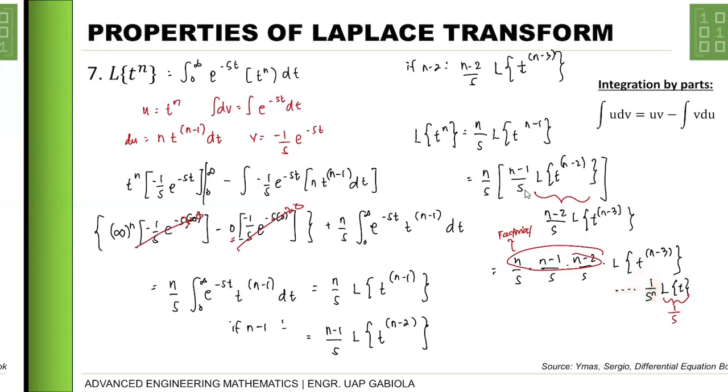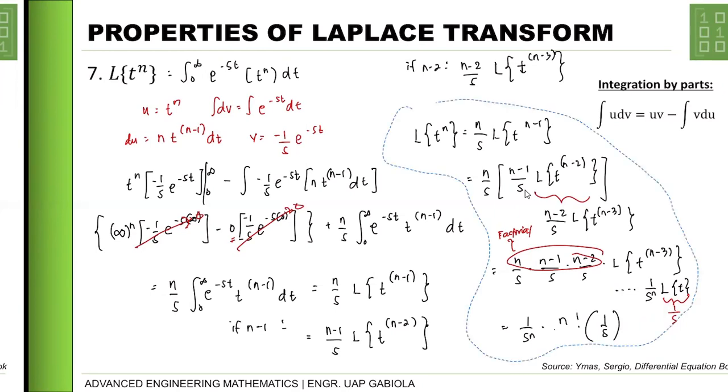Ibig sabihin kung ilang beses tayo nag-minus. Okay? So, this will be equals to yung n over s natin na nasa labas multiplied yung 1 over s natin times yung n factorial natin over times yung 1 over s natin na ito. Okay? So, ibig sabihin pag simplify natin, okay, let me move lang dito.